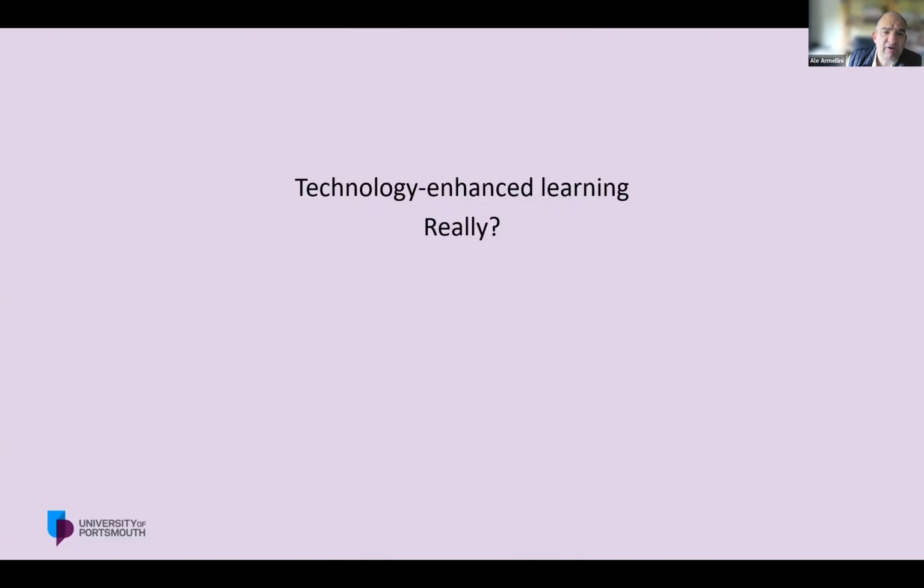Another reflection that emerges necessarily is technology enhanced learning, a very used and abused term in recent years and probably in recent decades. However, if you think about it, we get so worked up and obsessed about things like technology enhanced learning, and yet we don't talk about more basic things like pencil enhanced learning, book enhanced learning, Blackboard enhanced learning.